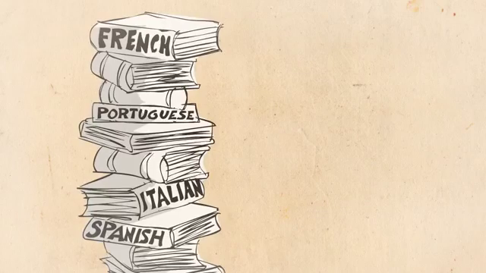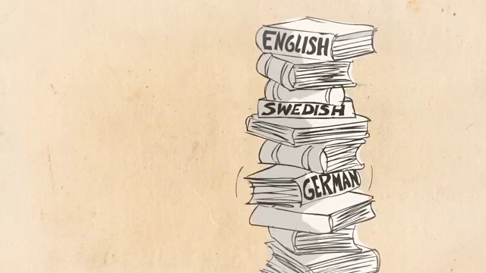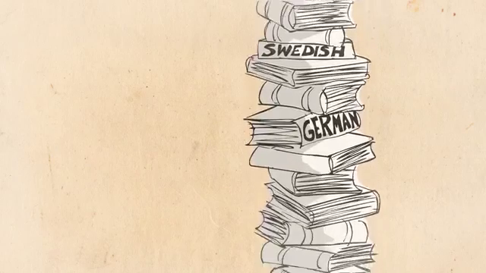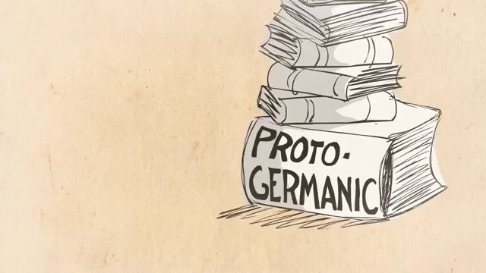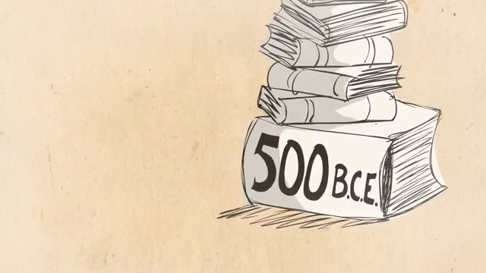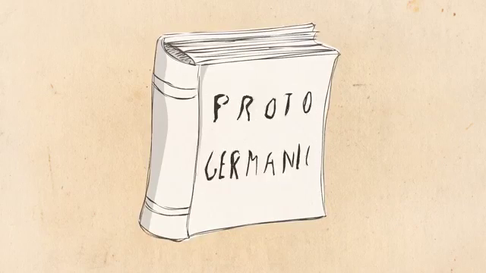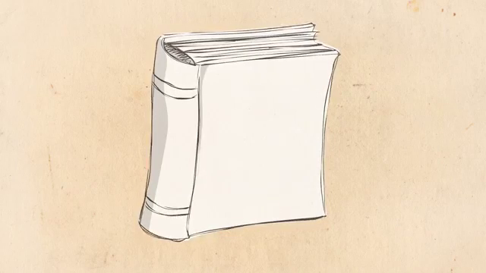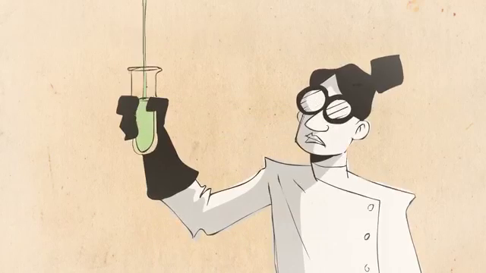These examples show us that just as the various Romance languages descended from Latin, English, Swedish, German, and many other languages descended from their own common ancestor, known as Proto-Germanic, spoken around 500 BCE. Because this historical language was never written down, we can only reconstruct it by comparing its descendants, which is possible thanks to the consistency of the changes.